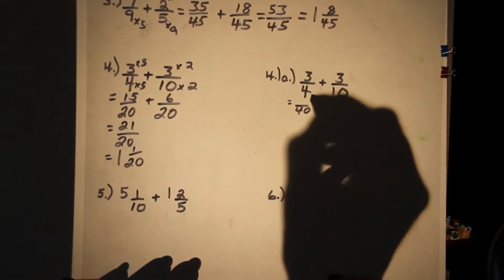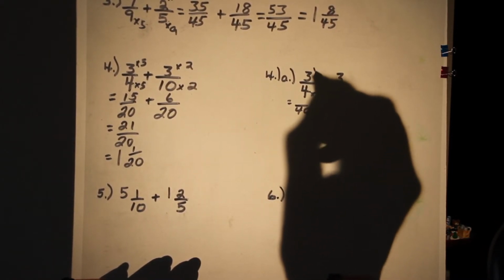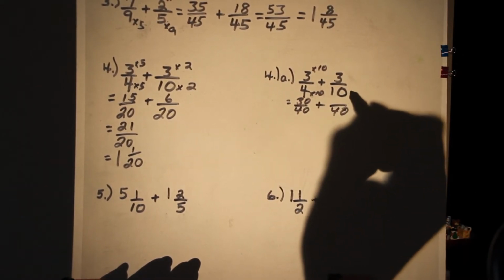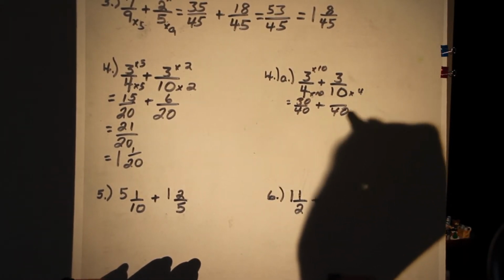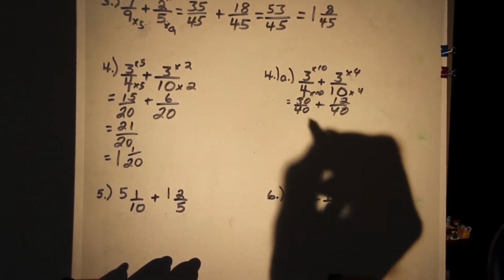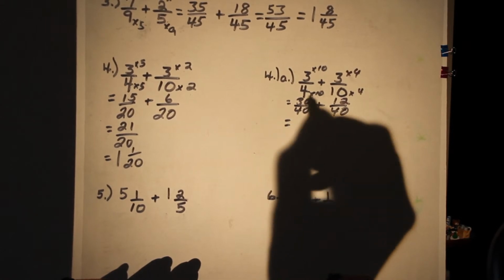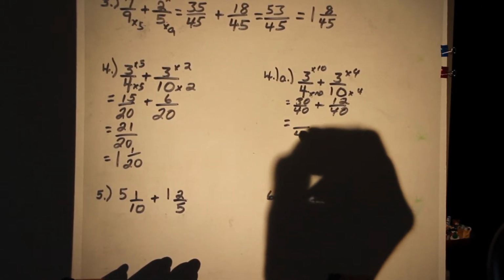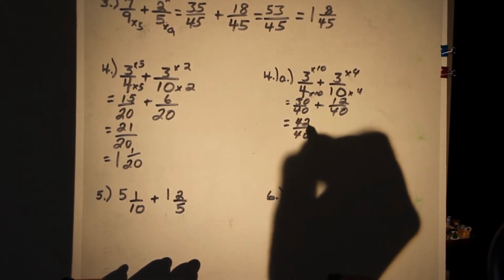So I multiplied 4 times 10, so I've got to multiply 3 times 10. I get 30. 10 times 4 gave me 40, so 3 times 4 gives me 12. So I end up with 30 plus 12, my common denominator is 40.